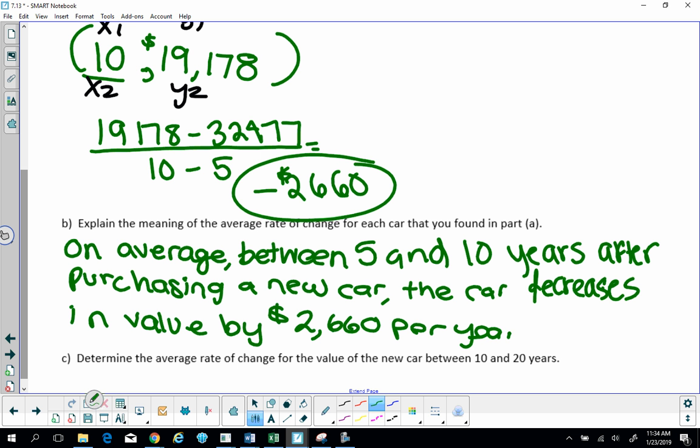And so remember, we're just doing the new car for right now. But between 5 and 10 years, that car falls in value, it decreases, it's negative $2,660 per year.